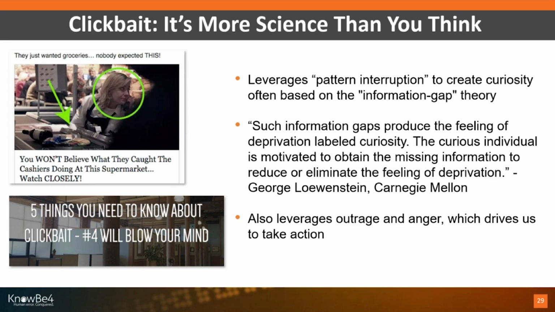There's science behind this. These clickbait ads leverage pattern interruption to generate curiosity, and they use what's called the information gap theory, right? And what this means is they form information gaps. And what happens is we get a feeling of deprivation because we're curious about it.